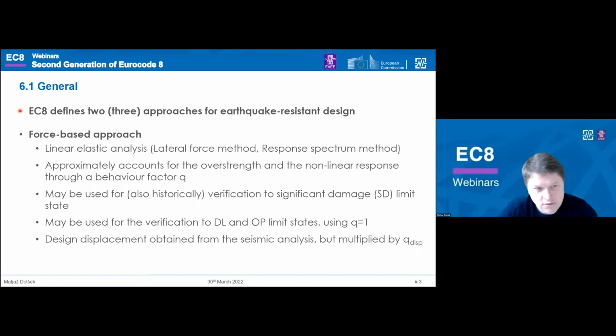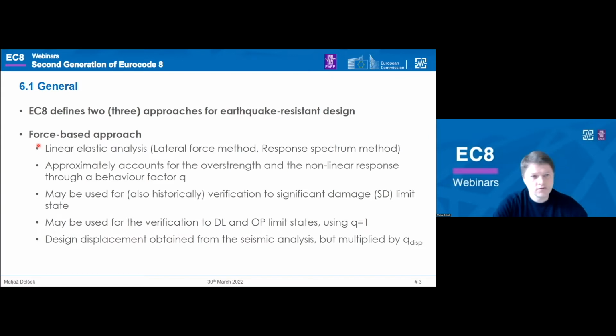These are the force-based approach and the displacement-based approach. And the third alternative is response history analysis, so use of nonlinear response history analysis for earthquake-resistant design. It was also partially described, at least how the seismic action is selected for this part.